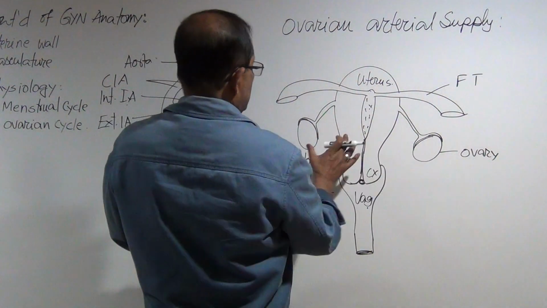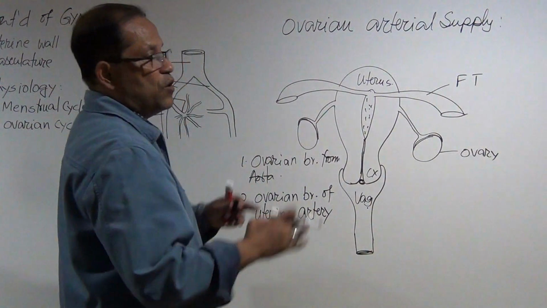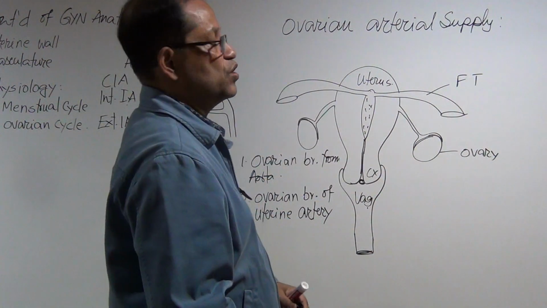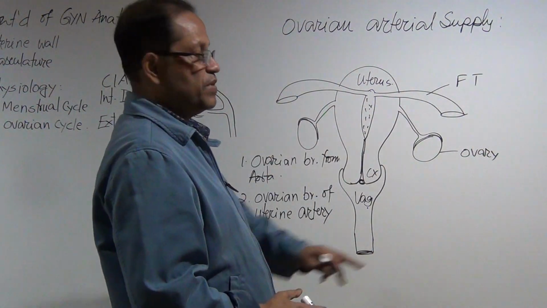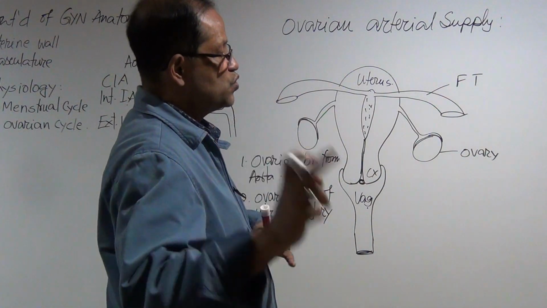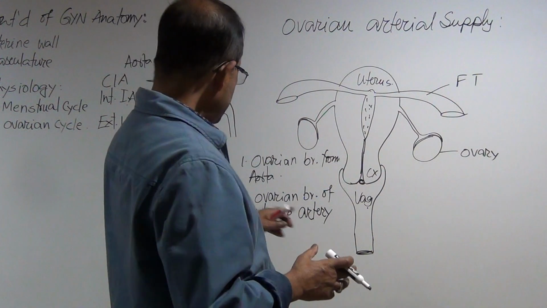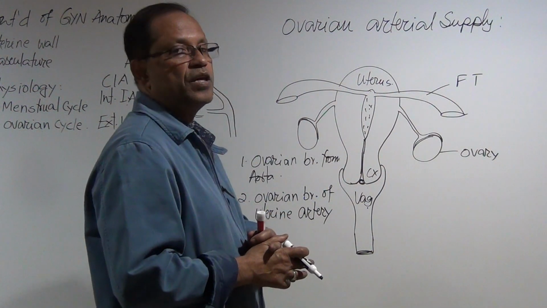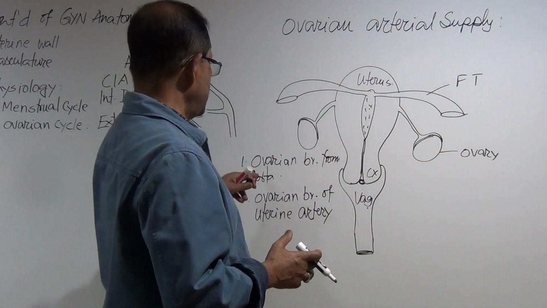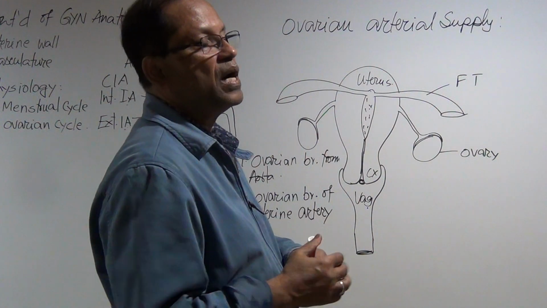Okay, so the ovary wants to ensure its arterial supply from the aorta. The aorta has the higher pressure, so it can force blood to the ovary even though its pressure goes up a little. That's why one source is directly from the aorta, and another source is the uterine. If one source is occluded, the other source can supply the blood.